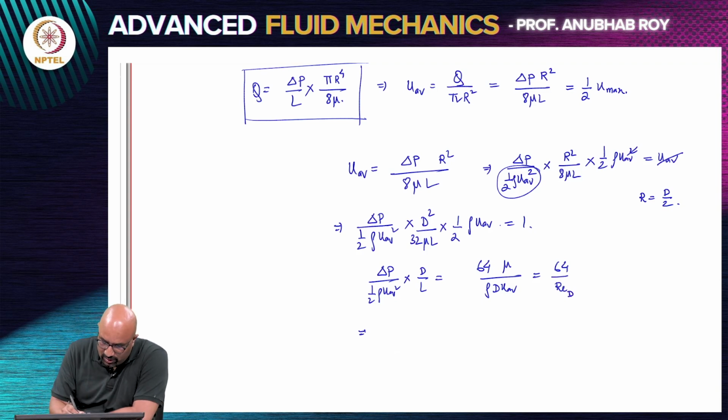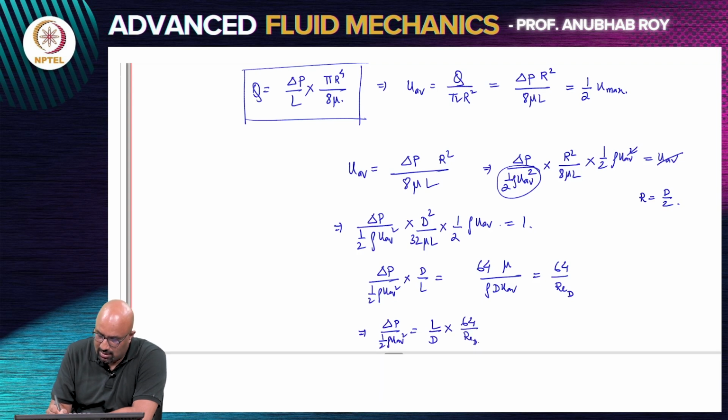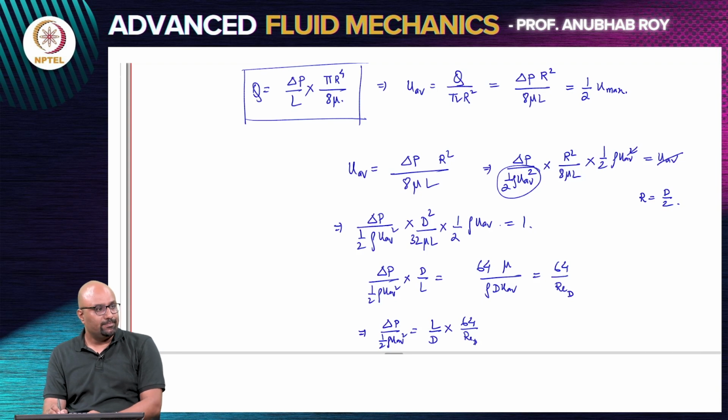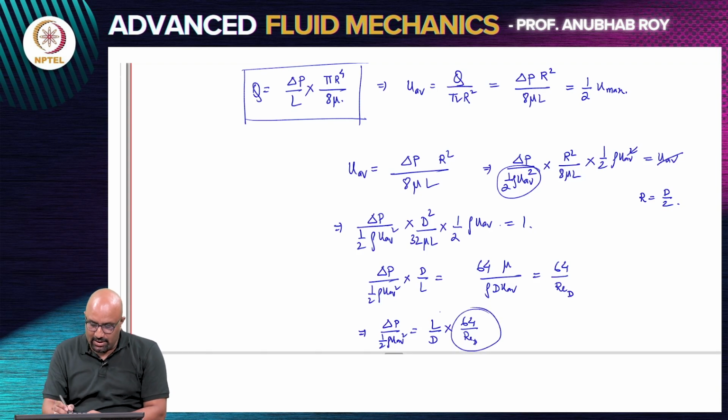So, you have now a relation that the non-dimensional pressure drop is L by D times 64 by Reynolds number. This quantity is known as the friction factor.